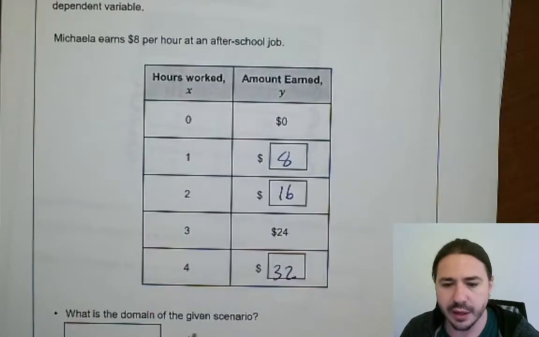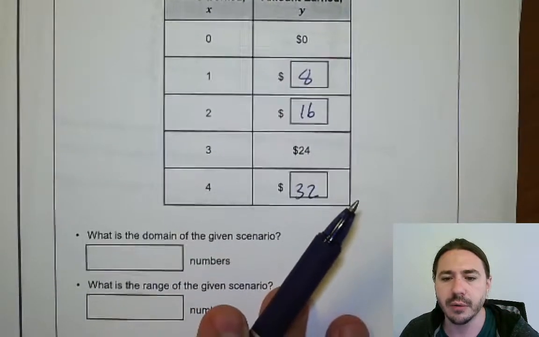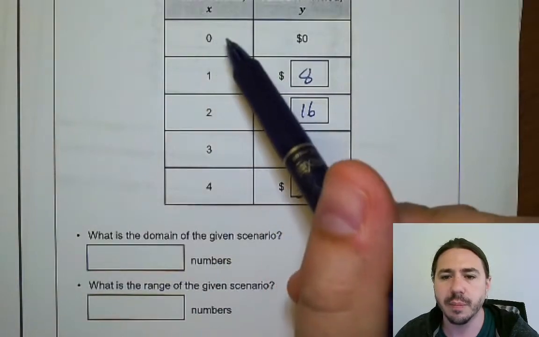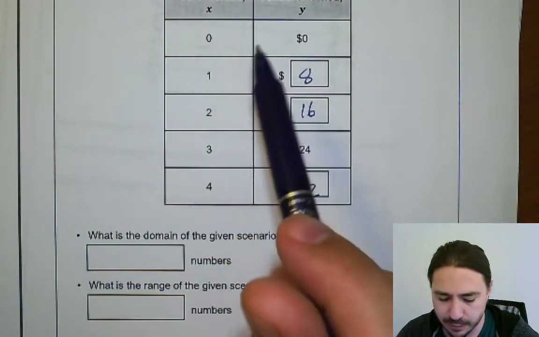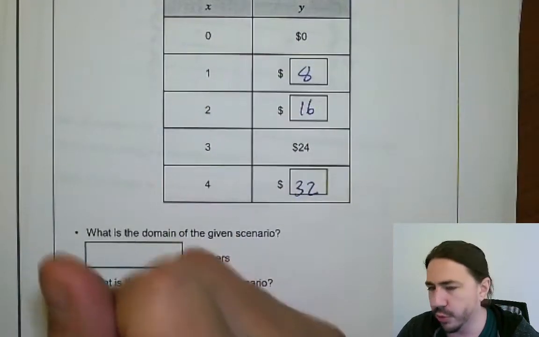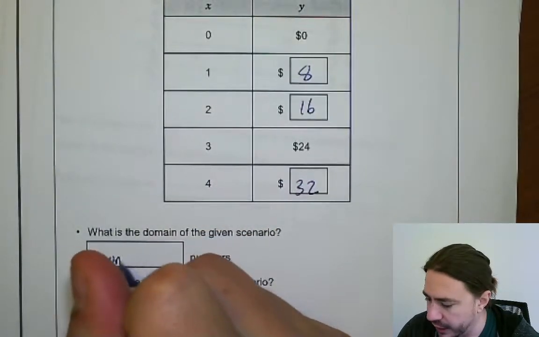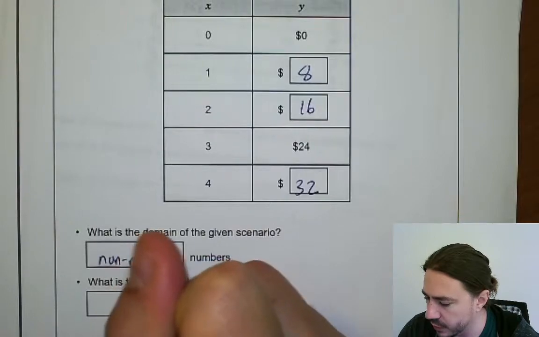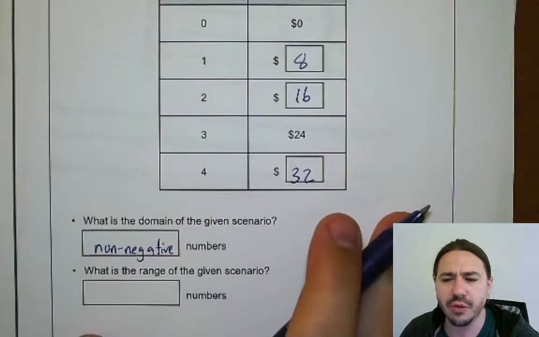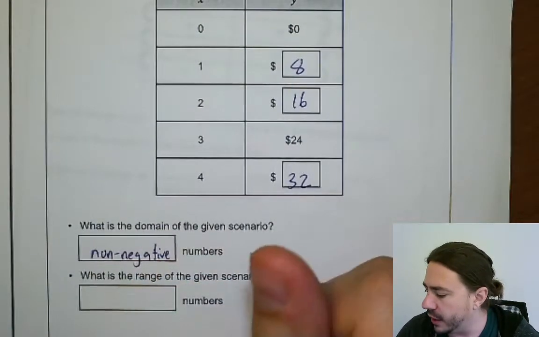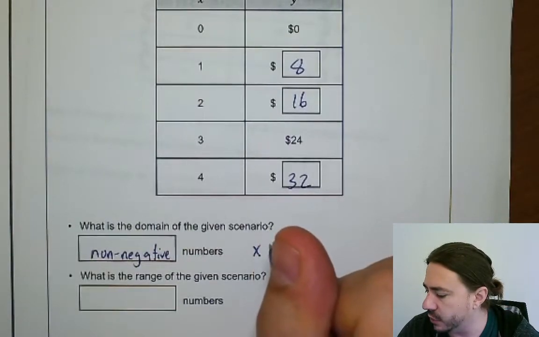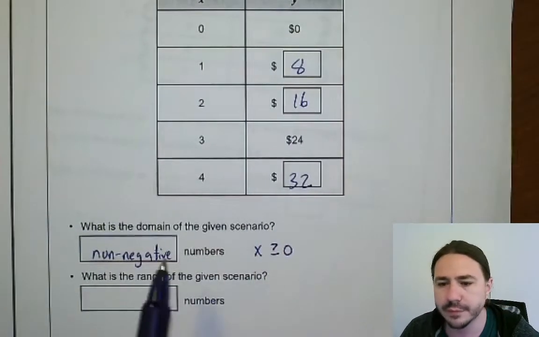So the domain of this scenario is going to consist of all the positive values and 0. An easier way of saying that is all the non-negative values. Another way that you can write that is x is greater than or equal to 0.